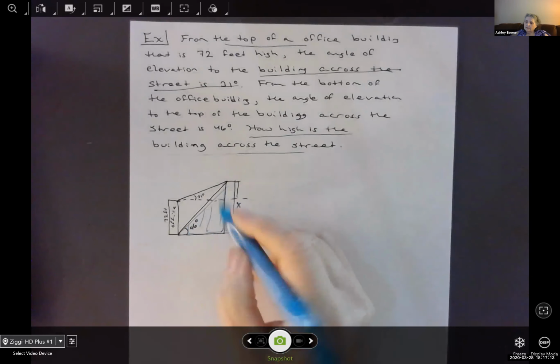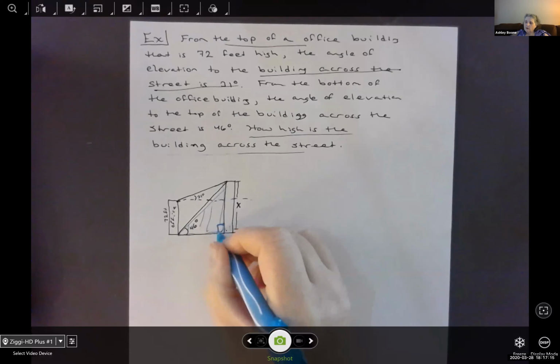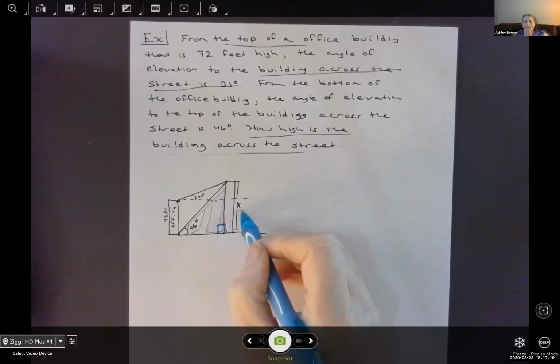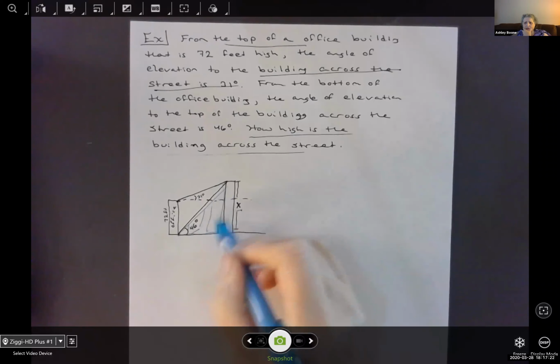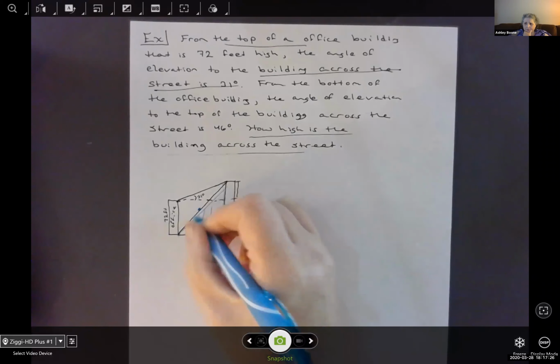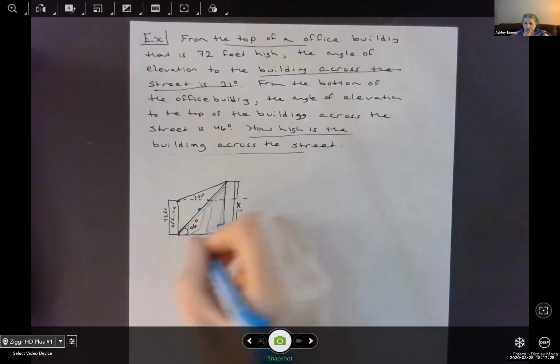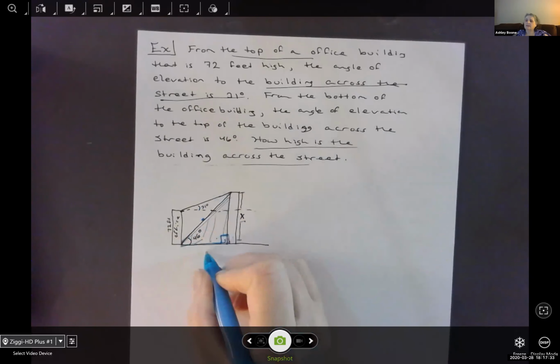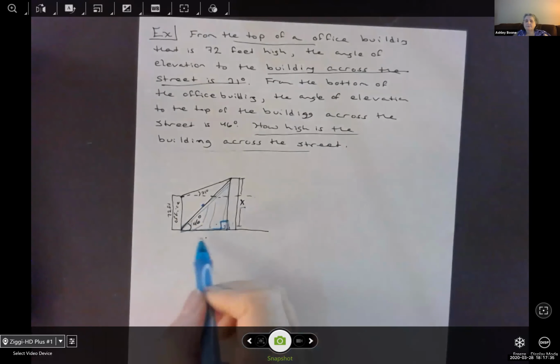We have an angle and a side, but we really can't use trig ratios for this unless we know the hypotenuse, or the side down here, which is the adjacent side of the 46 degrees. We need one of those sides in order to use our trig ratios. We don't have enough information there to do that.